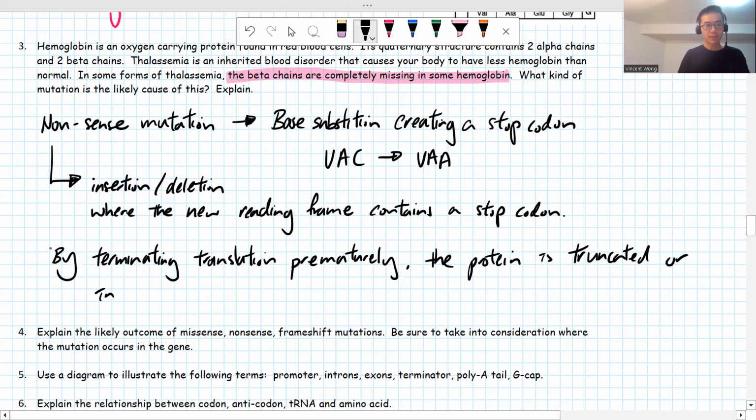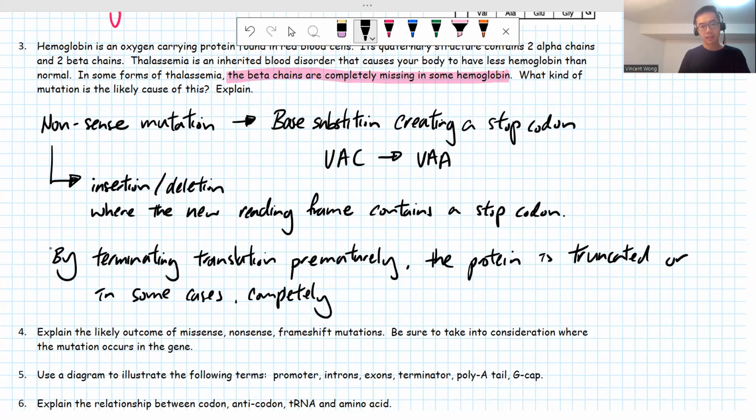Or in some cases, completely missing. If the stop codon occurs very early in the sequence, then you end up missing the whole protein. If it happens halfway, you lose half of it. If it happens at the end, maybe it's okay.